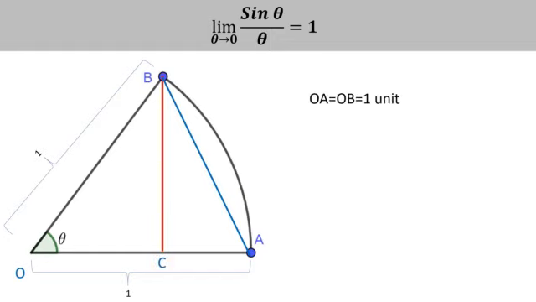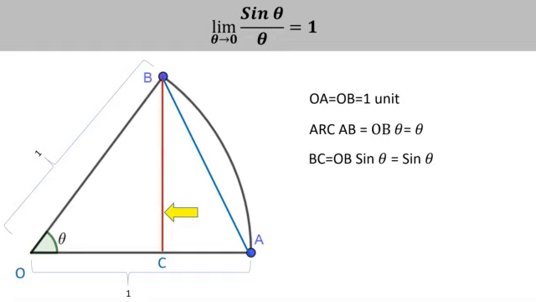Now segment OA is equal to segment OB, which is equal to 1 unit. And arc AB is equal to line segment OB into theta, as theta is measured in radians. And since OB is 1, arc AB becomes theta. And BC is equal to OB sine theta. Again, OB being 1, BC becomes sine theta.